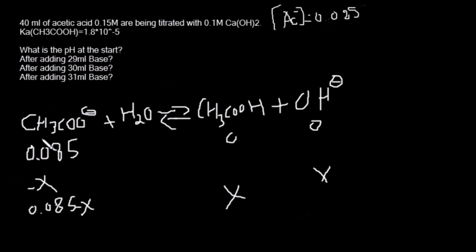Okay, but now we have the basic salt, so we can't use the Ka, we're going to use the Kb. And the equation is Kb equals Kw, which is for the water, 10 to the negative 14, divided by our Ka.